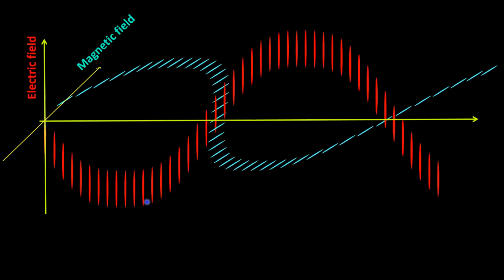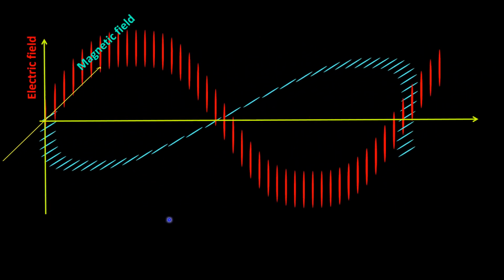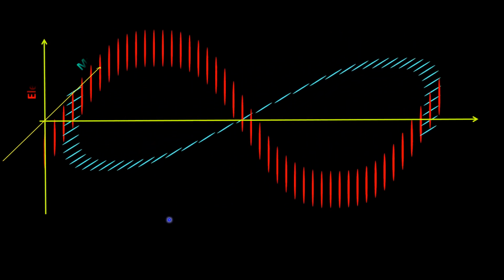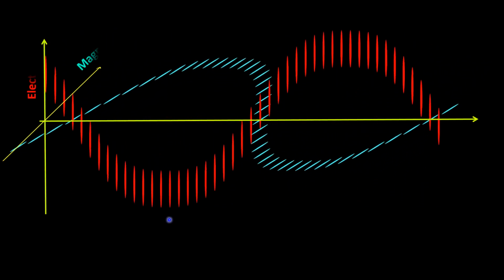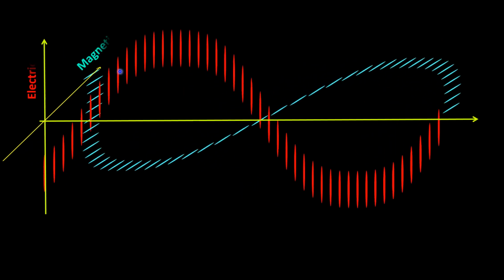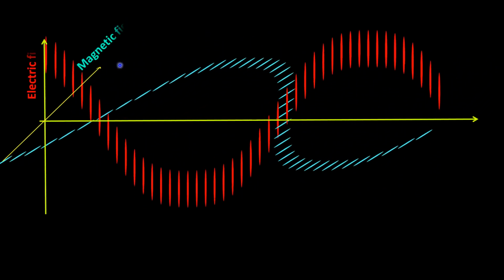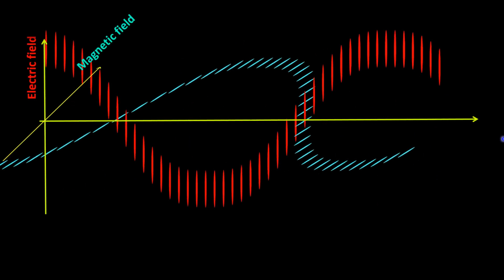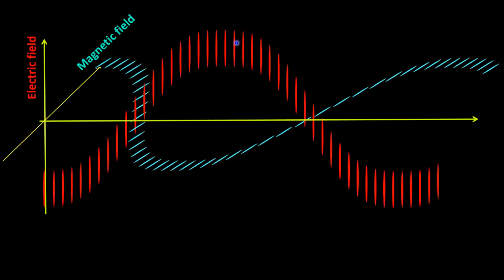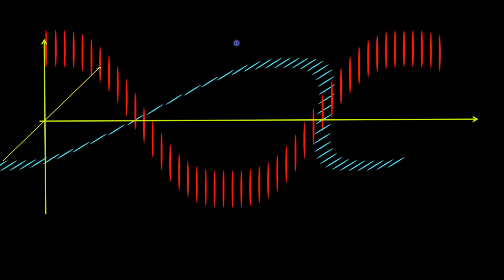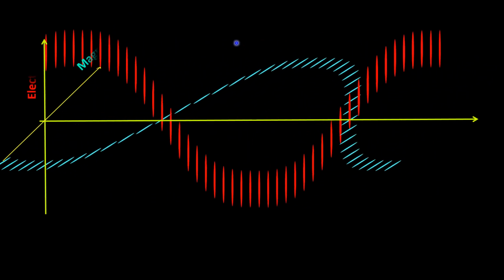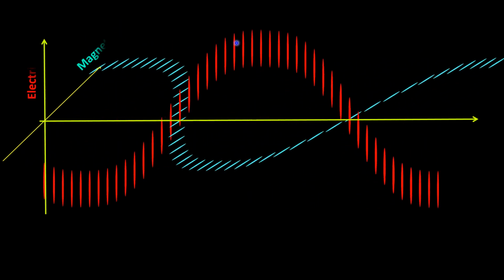So the electric field and magnetic field vary perpendicular to one another in an electromagnetic wave, and perpendicular to both of these fields, the wave travels with the speed of light. See how they are varying.